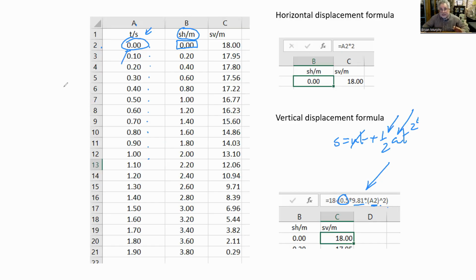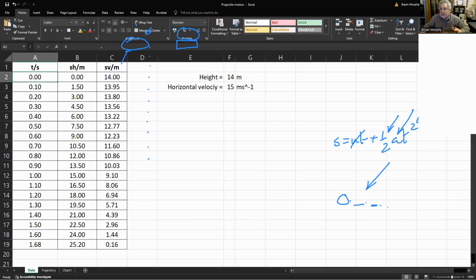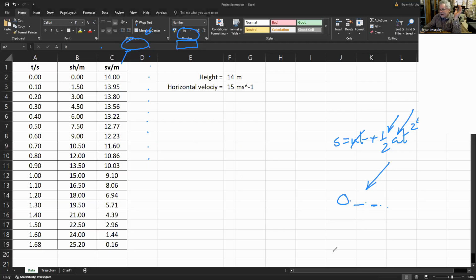Well, that's my spreadsheet. Let's have a look at the actual thing because it is here. There it is. I slightly changed it. That's why I hesitated when I saw that too. I have changed my horizontal velocity.